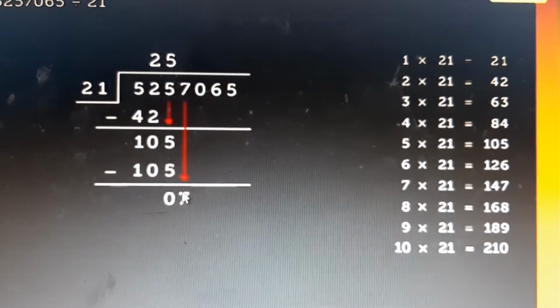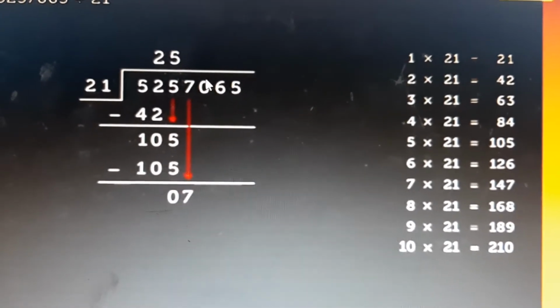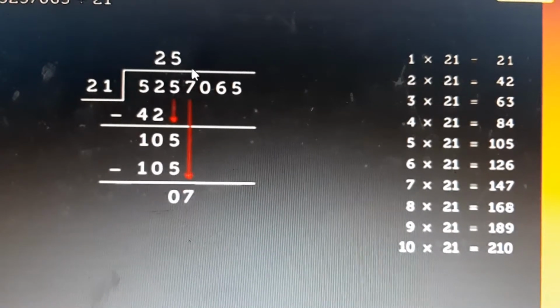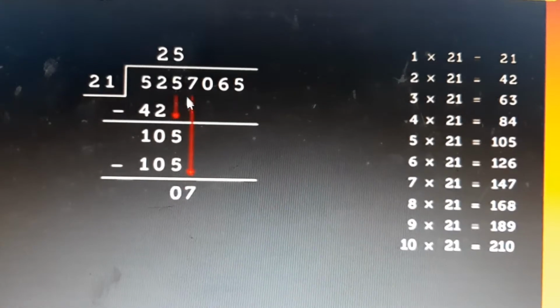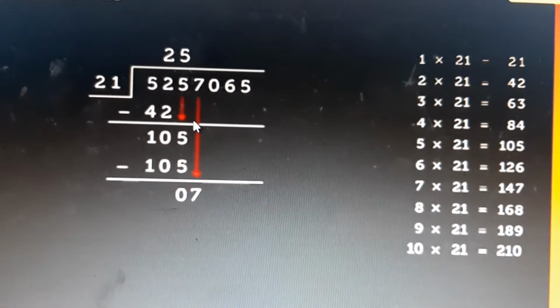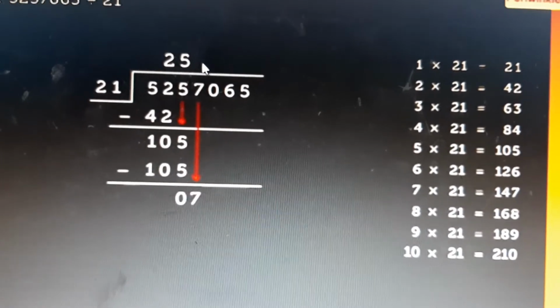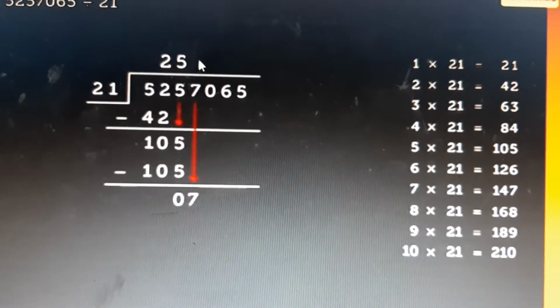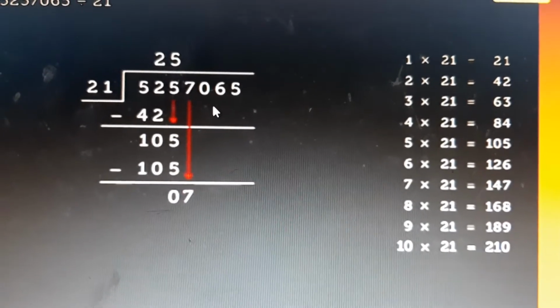So you have to take down the next number also. But you cannot take down the next number unless you give a respect to this number. It has come down from such a big height, no? The 7 is coming down from such a big height. So you have to write something here to give a respect. So what will you write here? You have to write 0 here. Then only you can take the next number down.